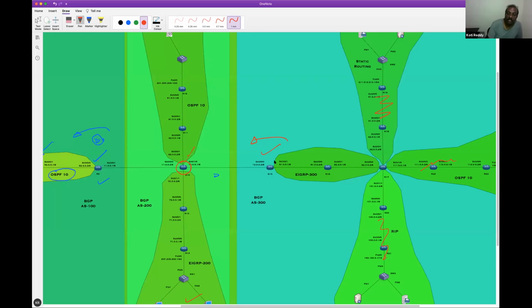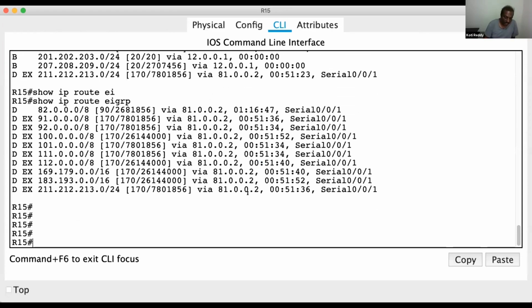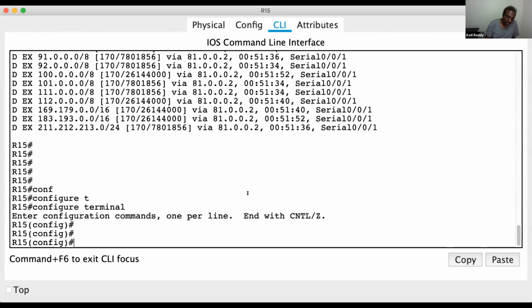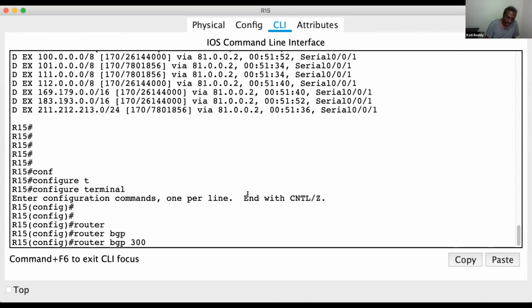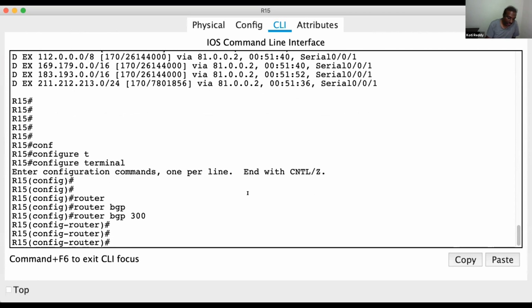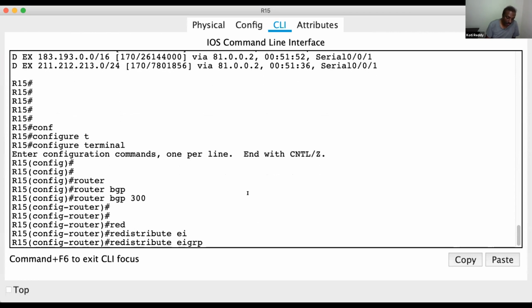So let's do that. Let us put all these routes into BGP now. So where do I go? I go to R15 and send from EIGRP into BGP. There I say configure terminal, router BGP 300, redistribute EIGRP 300 routes.